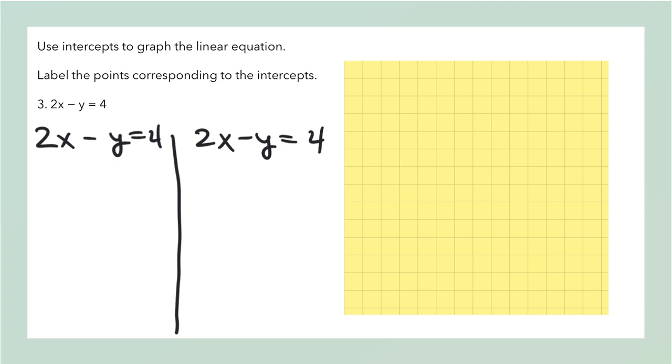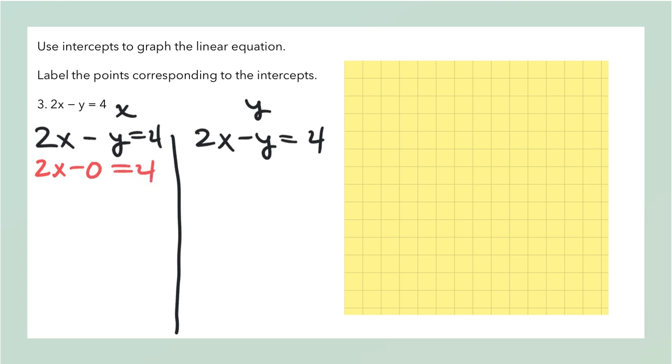This is going to be my x-intercept and this is going to be my y-intercept. When I'm looking for my x-intercept, who do I need to equal to 0? My x or my y? My y. So I'm going to have 2x minus 0 equals 4.